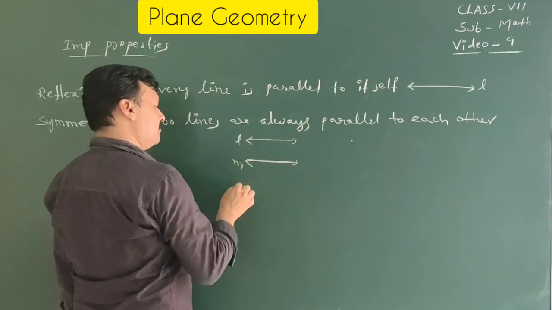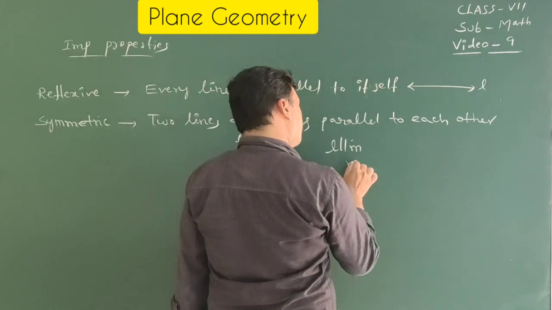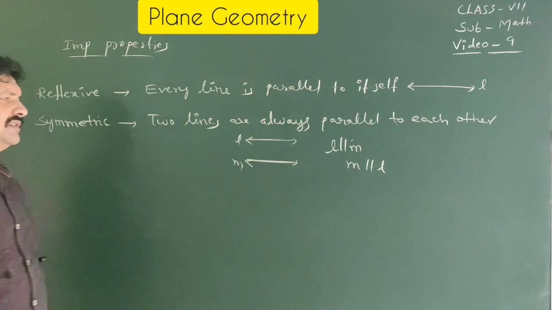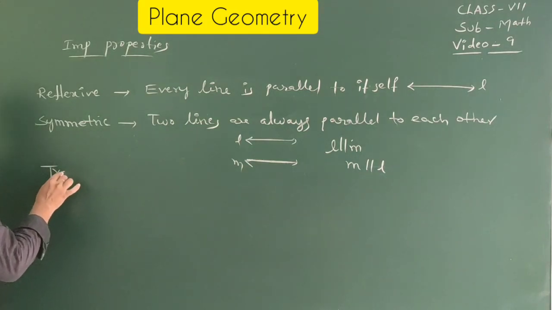L and M: L is parallel to M and M is parallel to L. Two lines are always parallel to each other. This is reflexive, symmetric. Next, the transitive property.